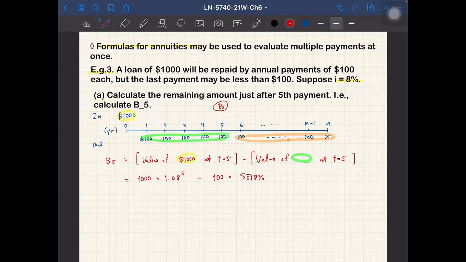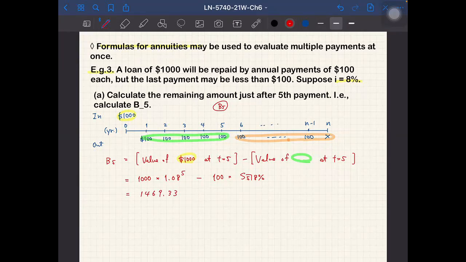Actually, this first one is 1,469.33. So 8% and compound interest: 8% times 5 is 40%, but it's a little more than 40%, 46.9%.